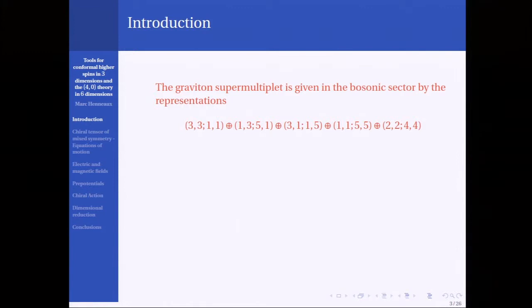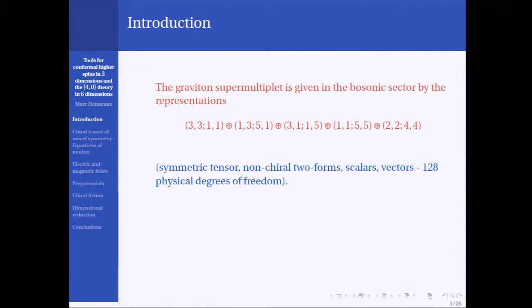The graviton supermultiplet is well known. You have the graviton, you have 2-forms of each chirality, so the total is non-chiral 2-forms. You have 5 of them, and then you have also scalars and vectors.